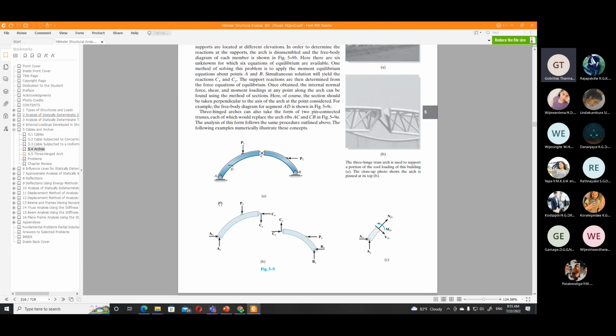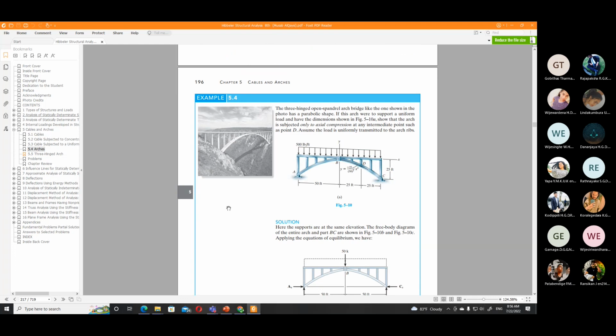You can break at the hinge and mark the support reactions and find the support reactions. And if you cut somewhere else, similar to a beam, you can mark the forces: axial force, shear force, and then moment.